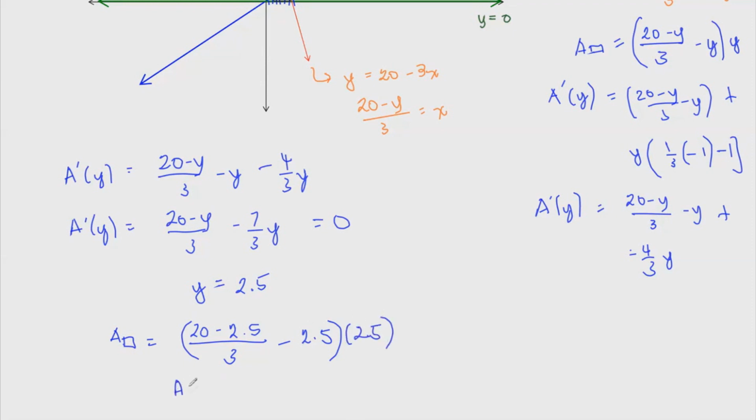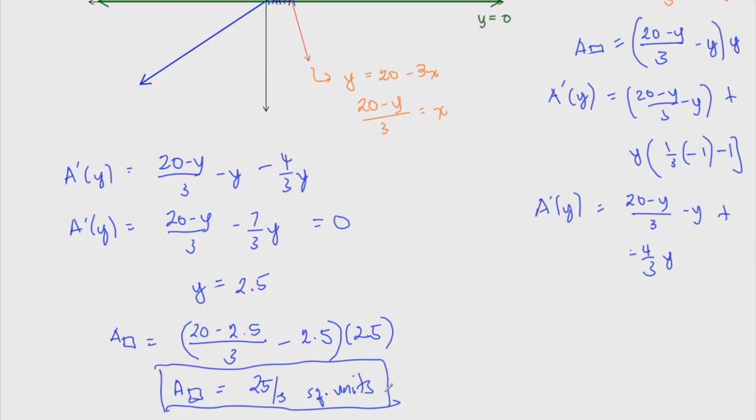So this is our area, or the largest area that can be inscribed in that particular triangle. So you should be getting a value that is equal to 25/3. So the unit is actually square units. Okay, so that is our area.